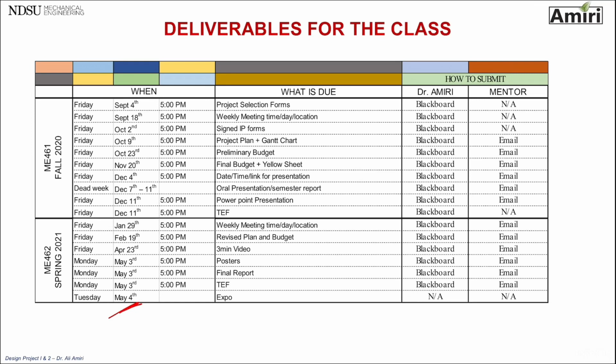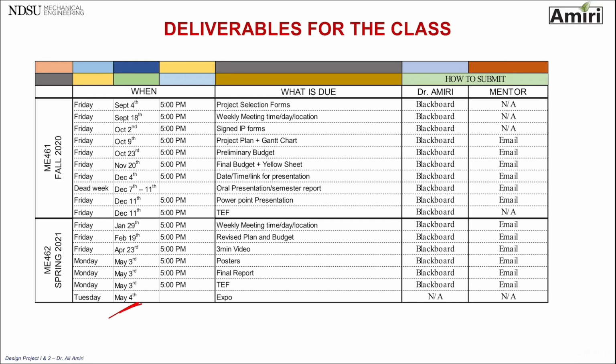So I want you to print this table from the syllabus and have it on your desk, on the wall, somewhere that you can see it, so you always remember where to find what is due and what to do about it. If you look at this syllabus, there is a description of all of these as to what is expected of you.